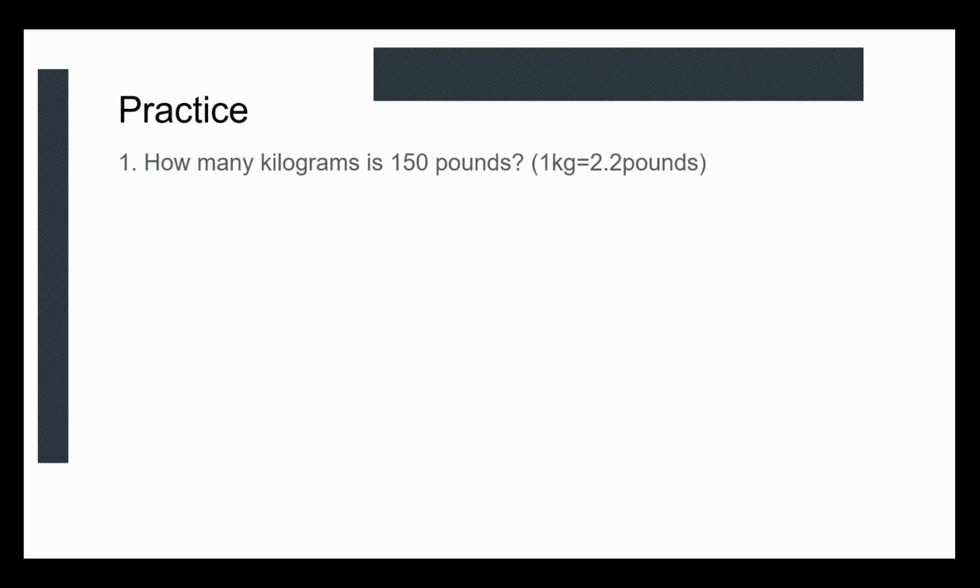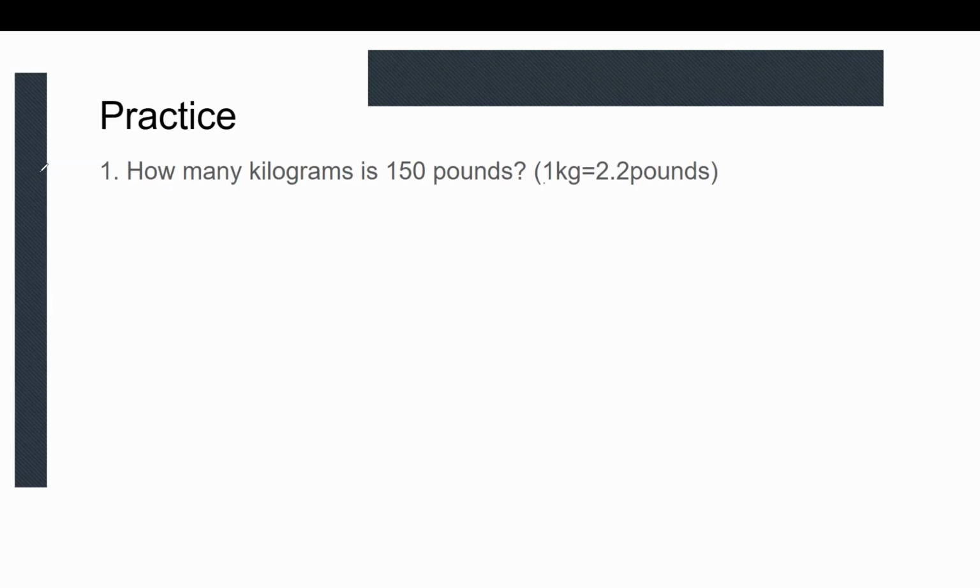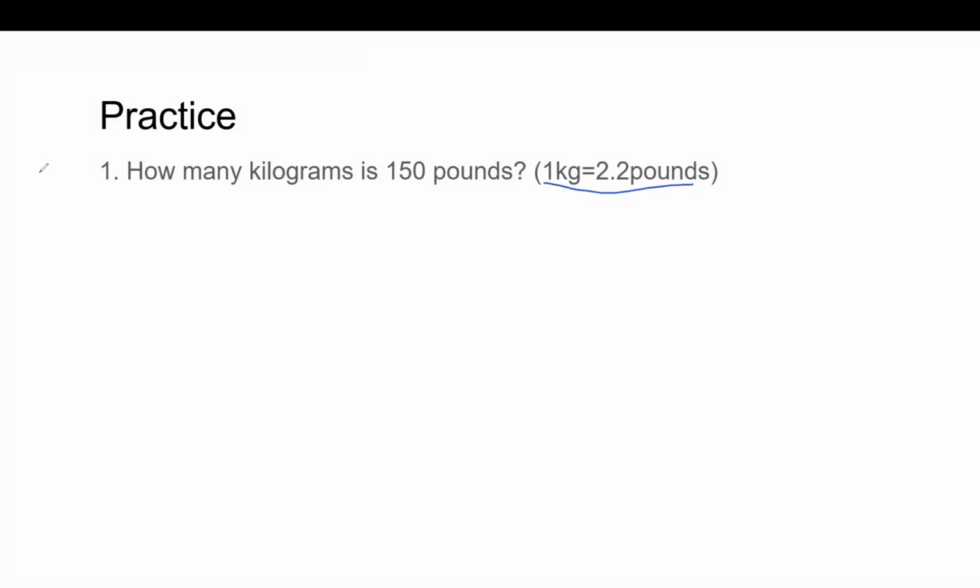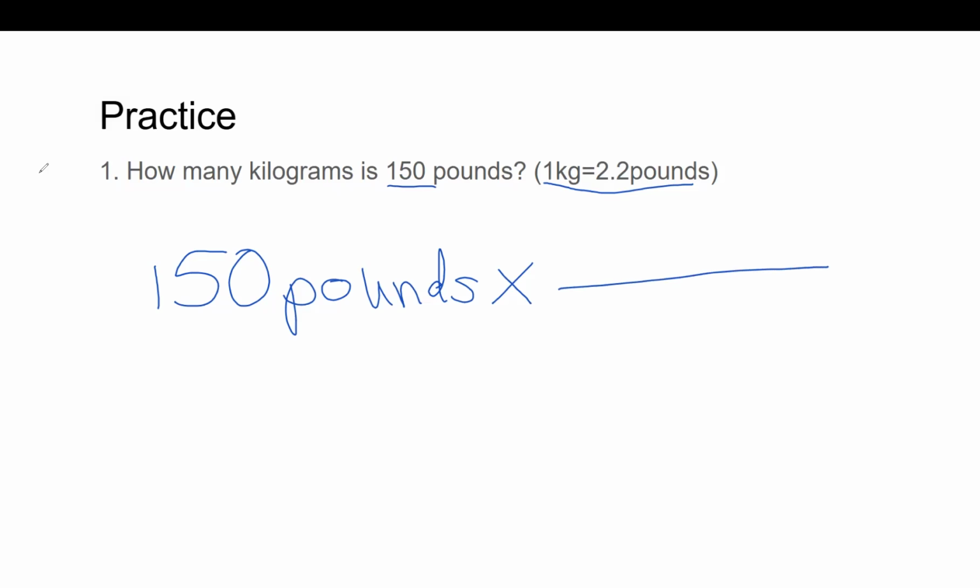Another practice question. How many kilograms is 150 pounds? Remember that 1 kilogram equals 2.2 pounds. Start with what we are given. Given 150 pounds. Okay, now we want to turn it into kilograms.